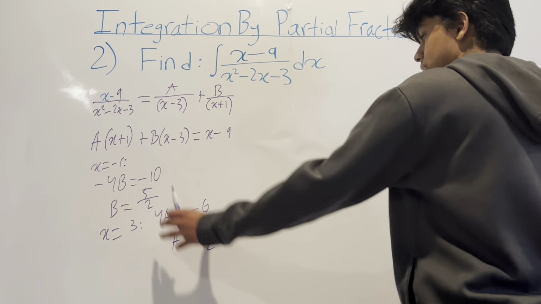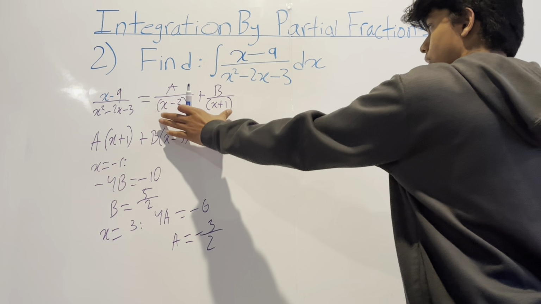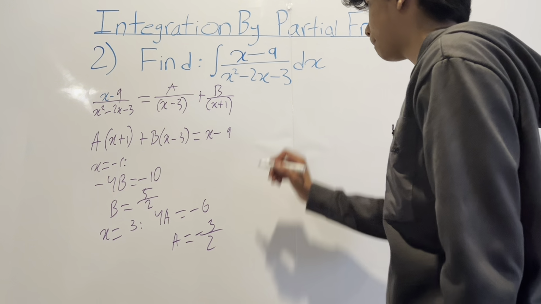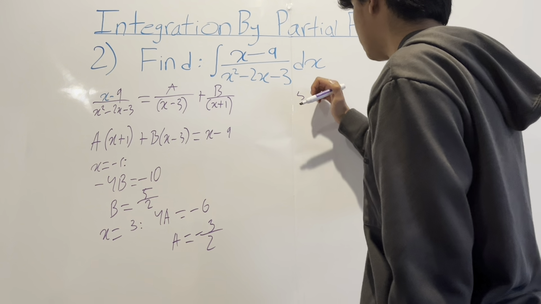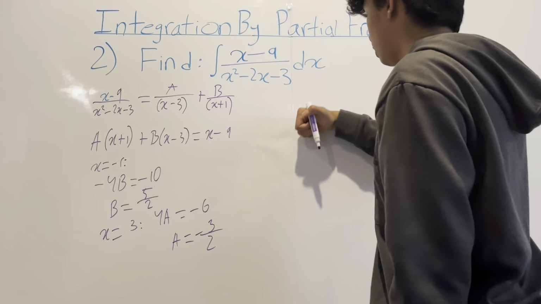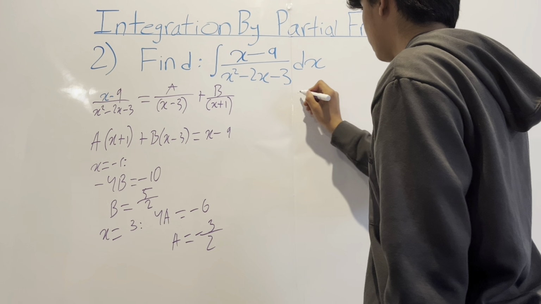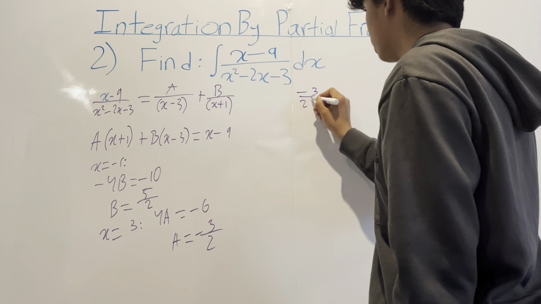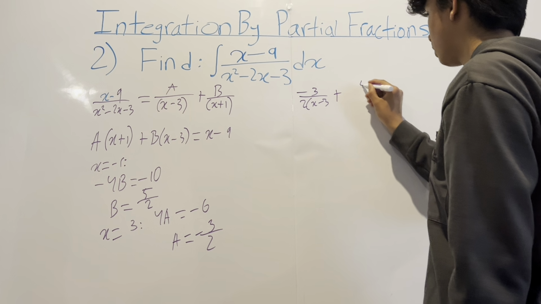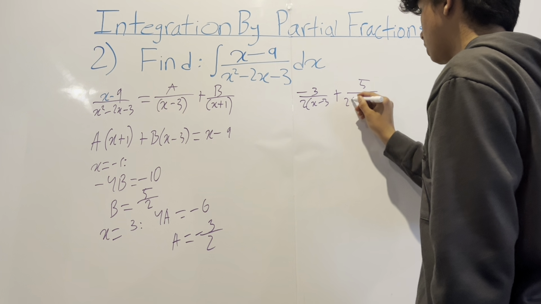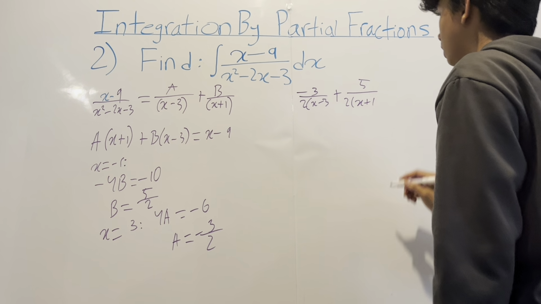Now if we plug these A and B values back in, A is negative 3 over 2 times 1 over x minus 3, plus B is 5 over 2 times 1 over x plus 1.